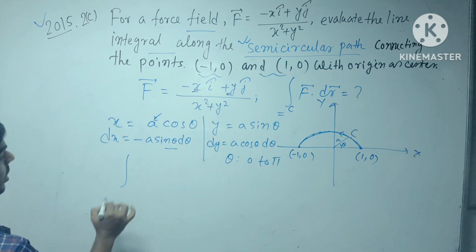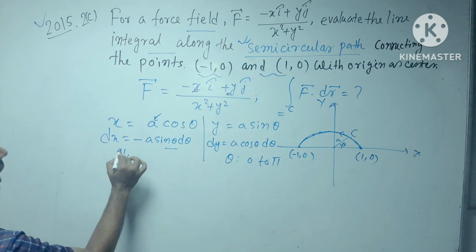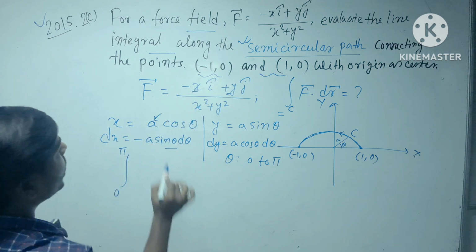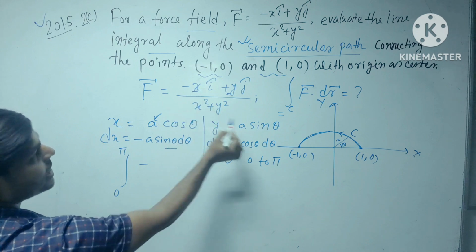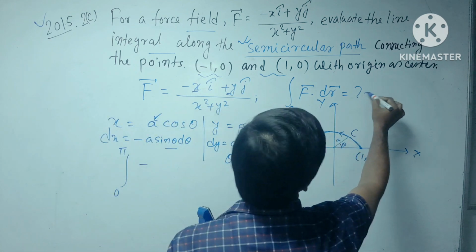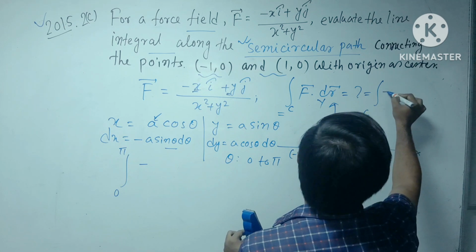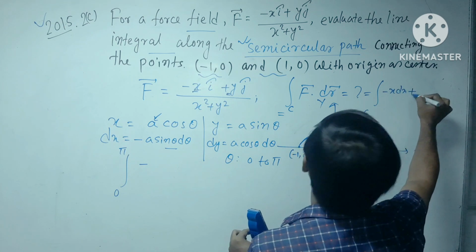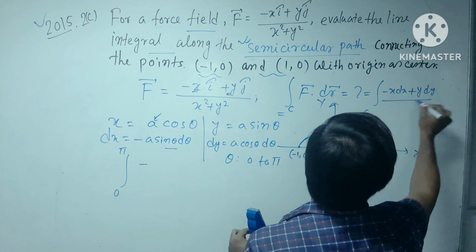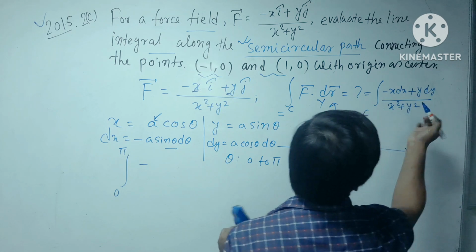তাহলে বসিয়ে ফেলো, তাহলে ইন্টিগ্রেশন রাইট নাও 0 to pi। এবার জাস্ট আর কিছু কাজ নেই, মাইনাস এক্স। অ্যাকচুয়ালি বেসিক্যালি দিস ইজ, দিস ইজ মাইনাস x dx প্লাস y dy divided by x square plus y square. This is the integration.